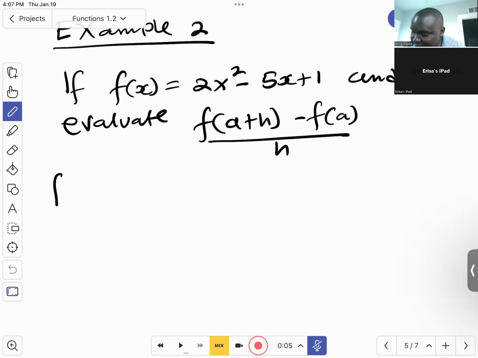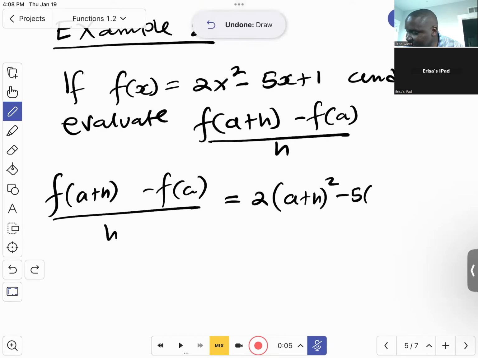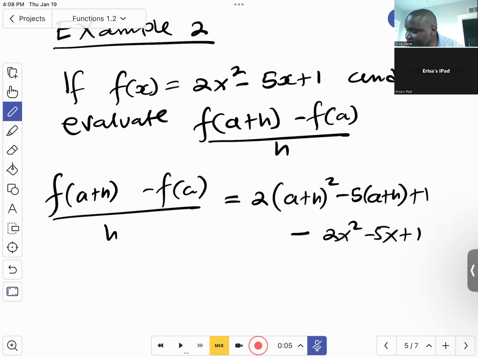Or you can say f of a plus h minus f of a, divided by h, will be equal to 2 times a plus h squared, minus 5 times a plus h, plus 1. Then we subtract 2x squared minus 5x plus 1. Then everything we get, we divide by h.